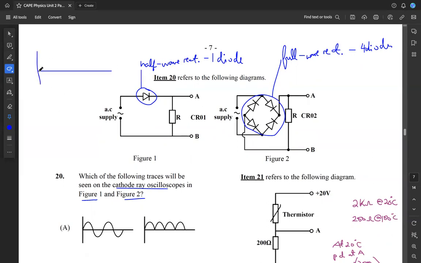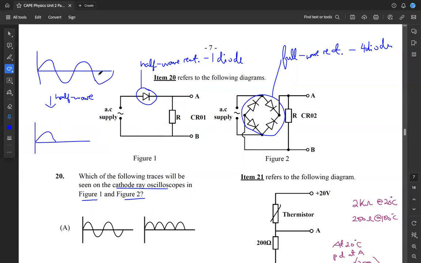So we have this and this. If we have half wave rectification, what's going to happen is that only the positive half of it is what we will see on our oscilloscope. So we will end up with this, and the negative halves are going to be erased essentially.